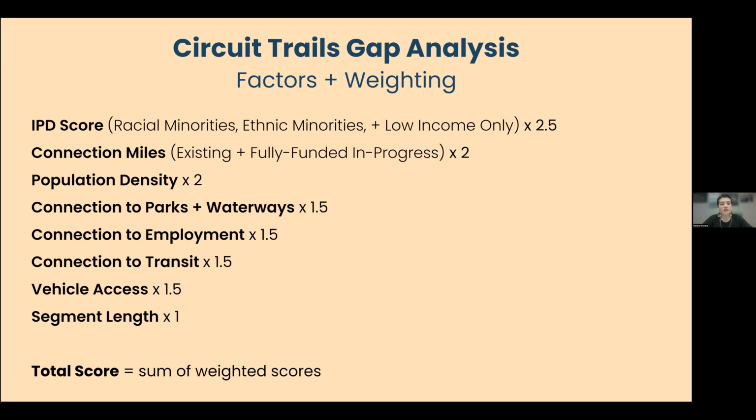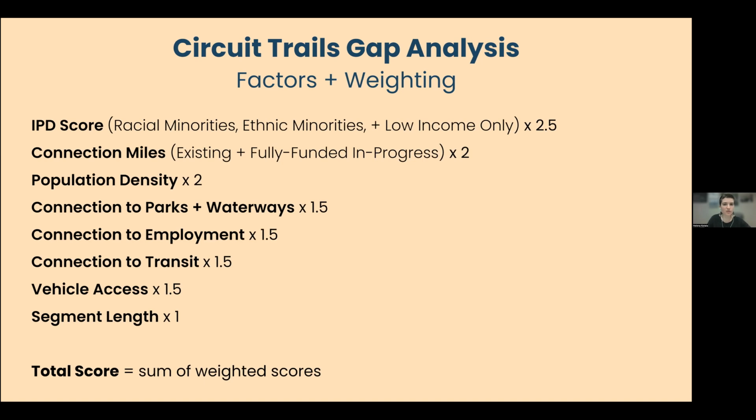Vehicle access, which came from census data, and this is people's accessibility to vehicles by census tract, the percentage of a population without access to a vehicle, as well as the length of the individual segment that we're talking about. So the total score for each segment is the sum of all of those weighted scores. So when we're in the tool and looking at the total score, hopefully this gives you a better idea of where those came from.